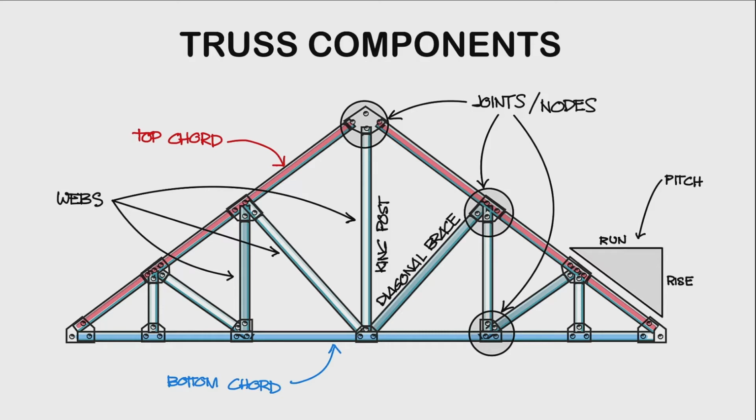Alternative names for webs: if you have a vertical member in the middle of your truss, it is sometimes referred to as your king post. And all the diagonal members between your top chords and your bottom chords are sometimes referred to as diagonal braces. Now, the structural elements that join all the members are what we call joints or nodes. And the pitch is the slope of your truss.